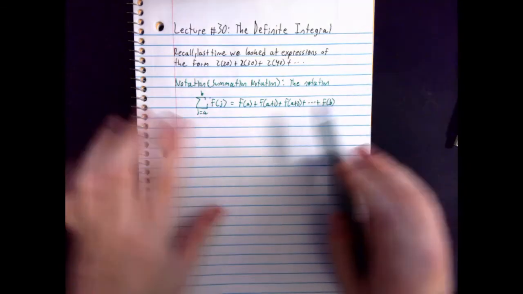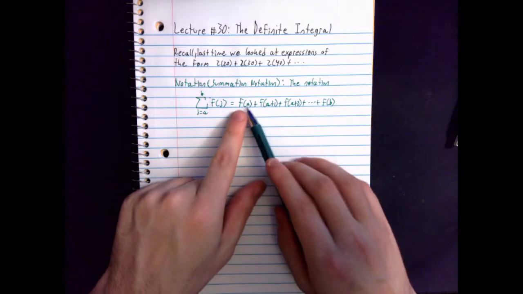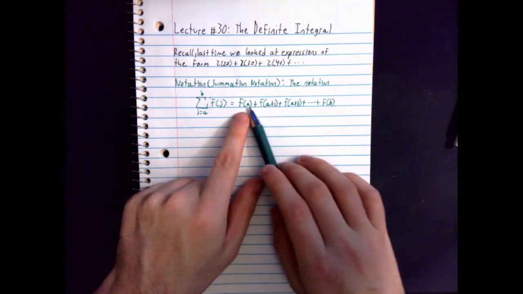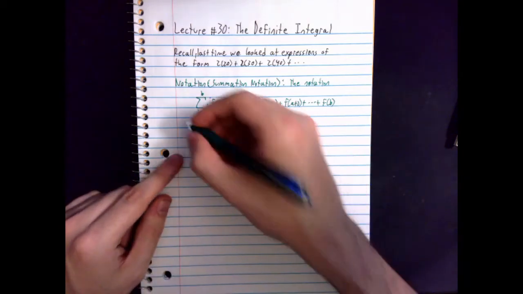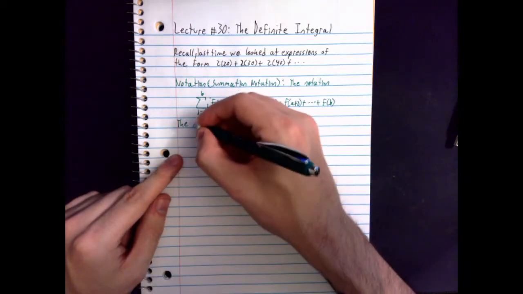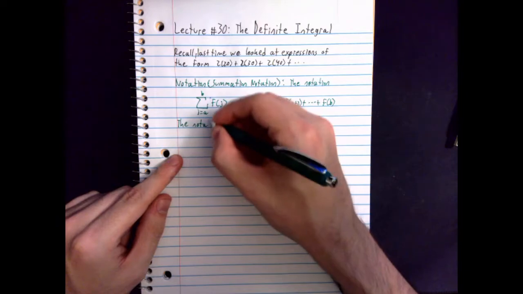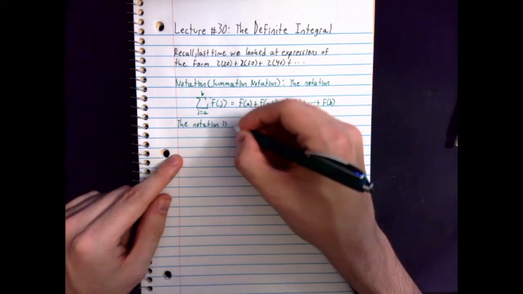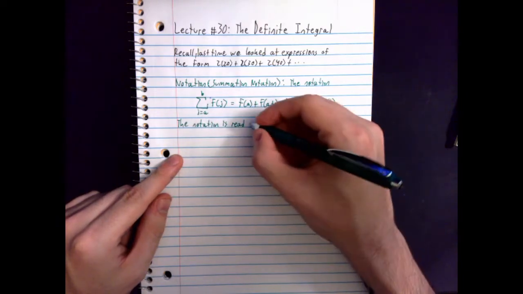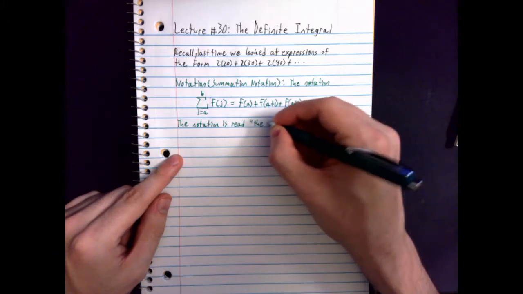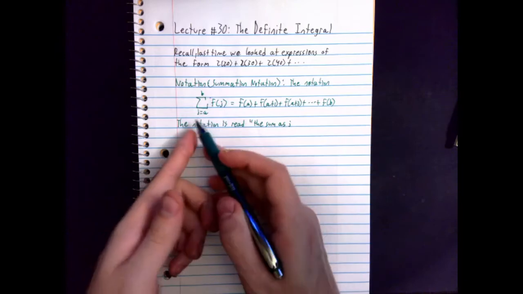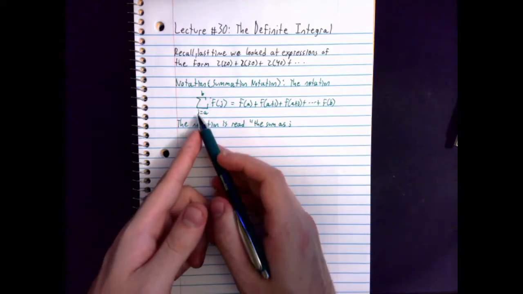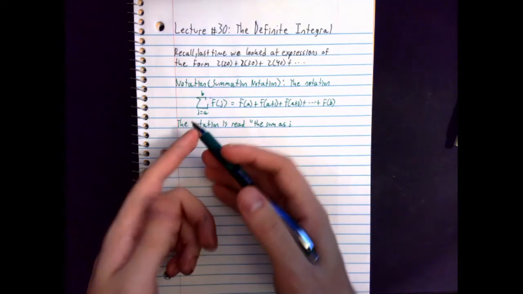This notation just means I'm going to add a bunch of things at different indices. I'll reiterate how it's read: the sum as j, and we could use any variable for our index here. I might use an n sometimes, or an m, or a k, or an l.